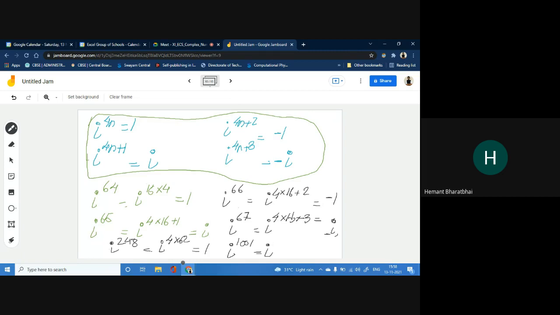So this can be written as i raised to 4 into 250, that is 1000, plus 1. So i raised to 4 and plus 1 is how much? i. Therefore, i raised to 1001 is going to give me i. So this is how I can use a result and find out the value of i raised to any power.